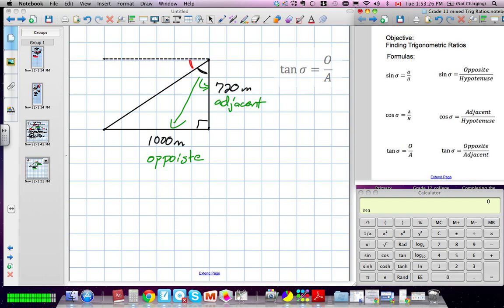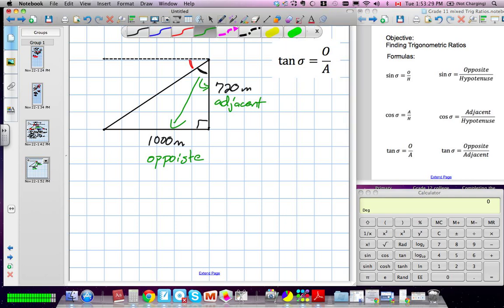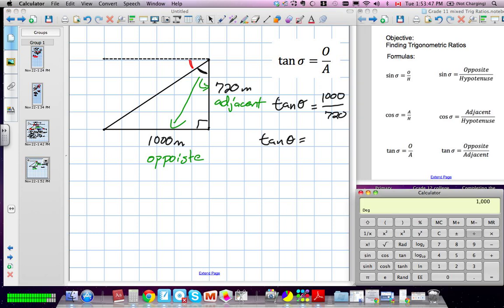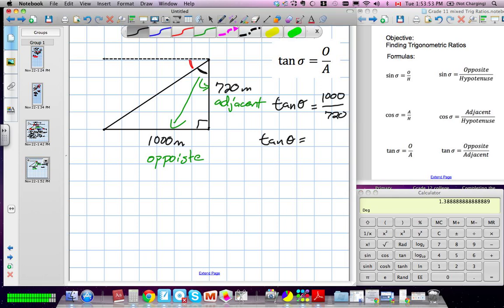Okay. So in this case, we're actually looking for the angle itself. So we'll call that tan theta or x, whatever you feel comfortable with. Our opposite side is 1,000, and our adjacent side is 720. We're going to end up with tangent theta is equal to 1,000 divided by 720, 1.39, we'll say.